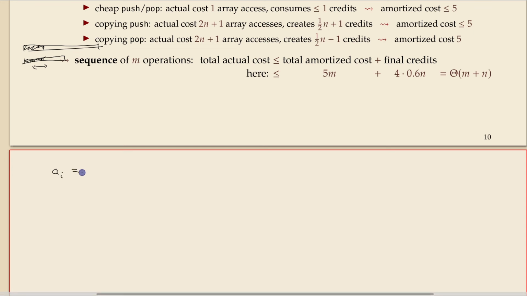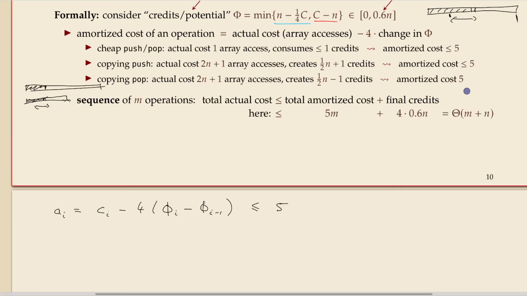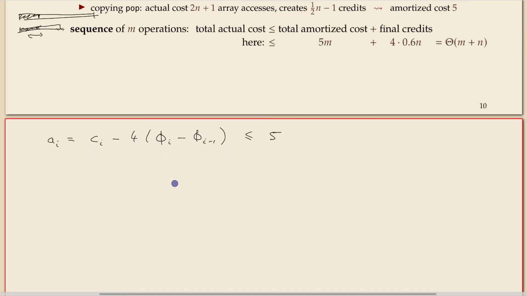Let's say a_i is the amortized cost of the ith operation. Then that's the actual cost, c_i, plus 4 times the change of potential. So we can say there's a potential after the ith operation, and then there's a potential before the ith operation, or after the i minus first. And we know that this is at most 5. That's what we lengthily argued here. So these are the a_i, the amortized costs.